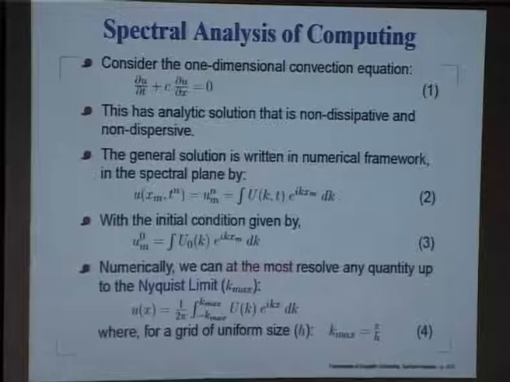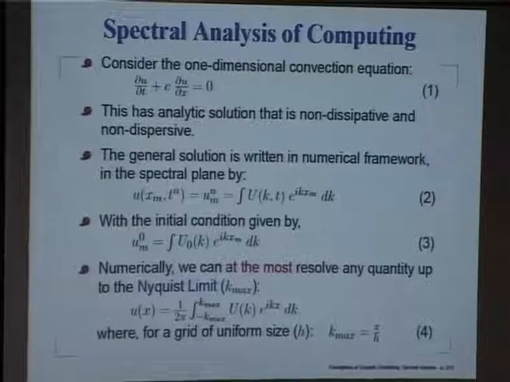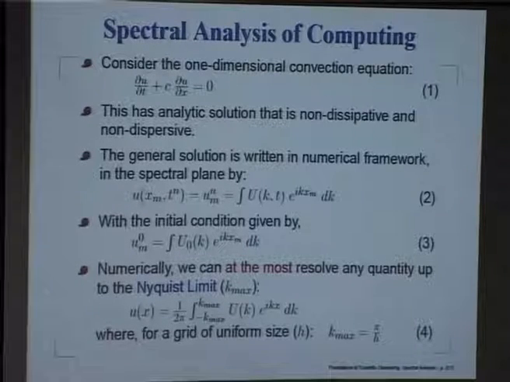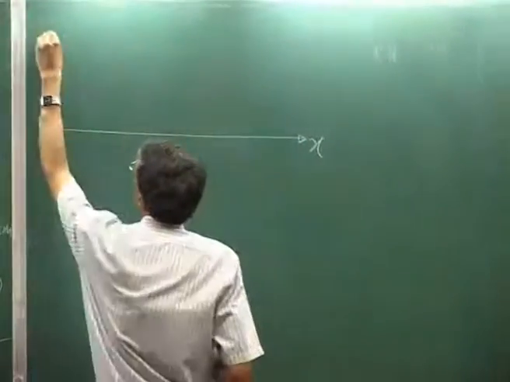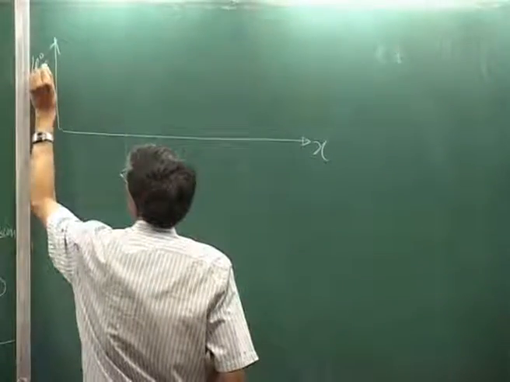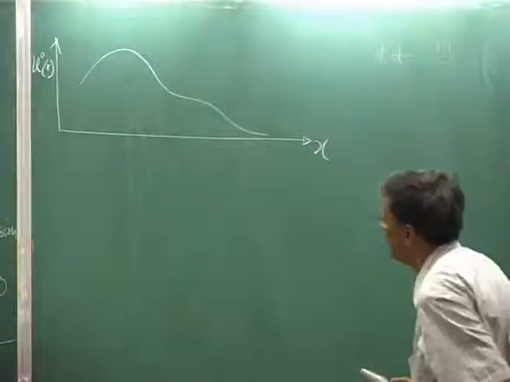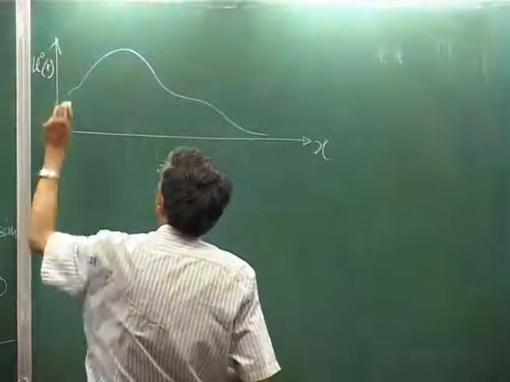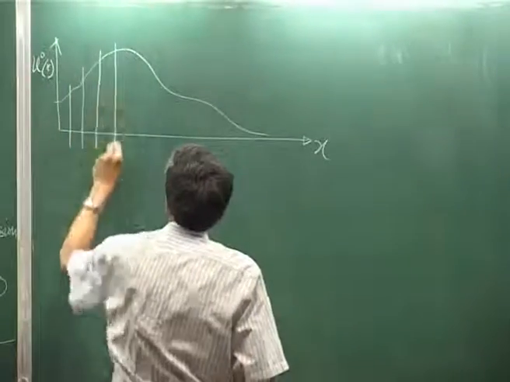Think of the following. For ease of understanding, we will talk about uniform spacing. So, I will write down, and let us say this is my initial condition, which I will write as a function of x. It could be something like this. Okay. So, what I would be doing, let us say, is dividing this domain into equispaced points.